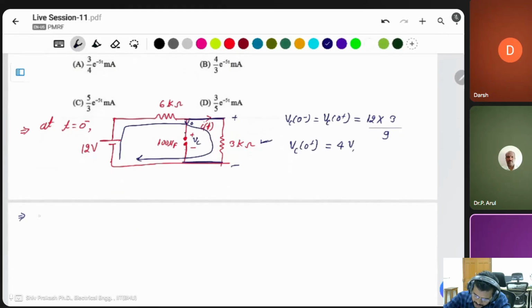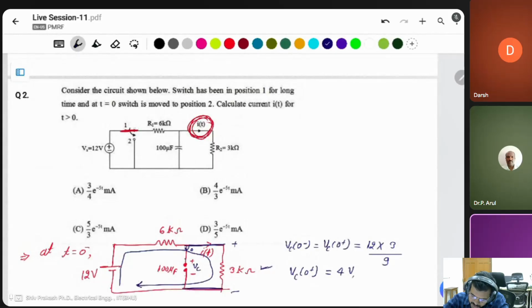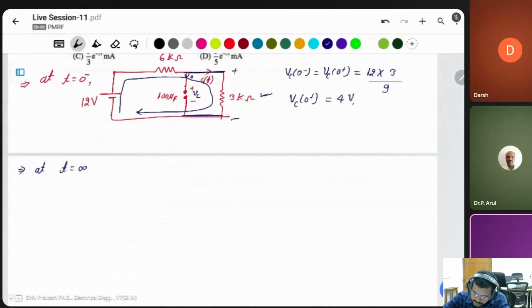Then what is the circuit at t equal to infinity? There is no source. It means the same circuit is connected to this one, not this one. The circuit looks like that. In this case the source voltage will be an open circuit, and the second terminal is connected.